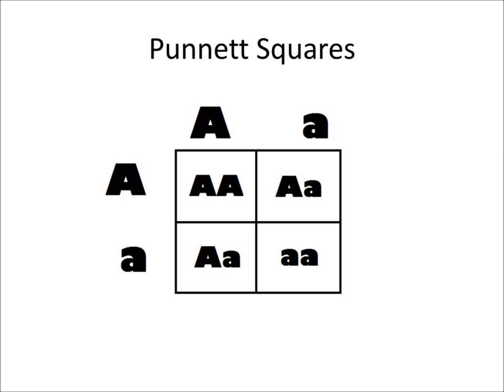Bottom left is a dominant from the parent up top, and then a recessive from the parent on the left, and then bottom right is a recessive trait from the parent on the left and a recessive trait from the parent on the right.